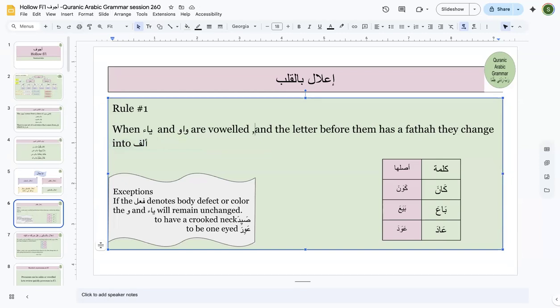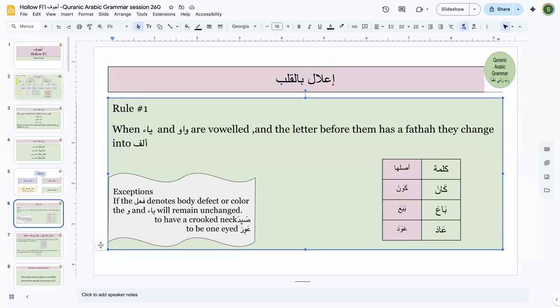They change into alif. So kana originally was what? Kawana. What are the root letters of kana? Kaf, waw, noon. Ba'a originally was baya'a. Ada actually was awada.